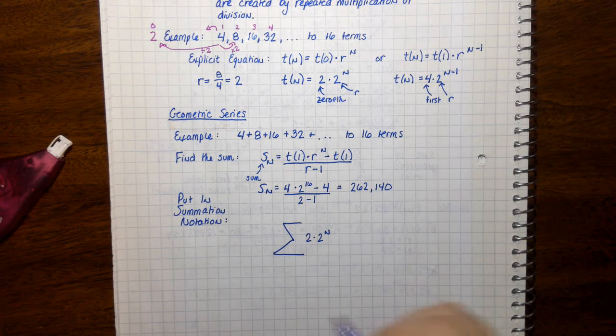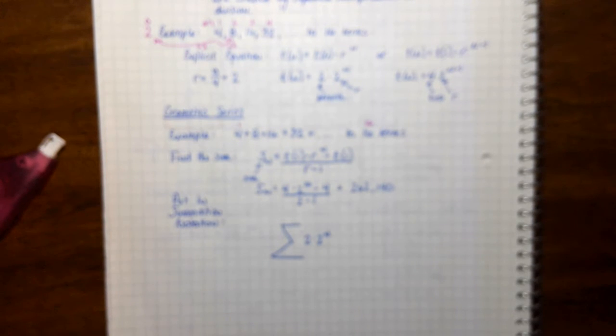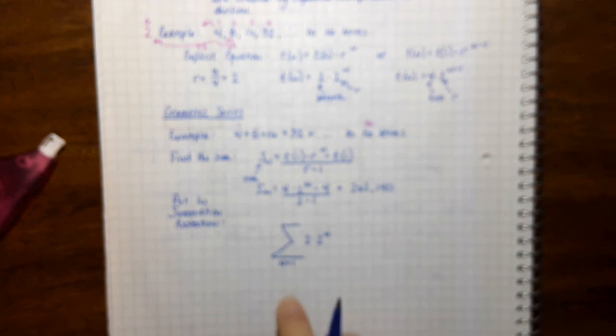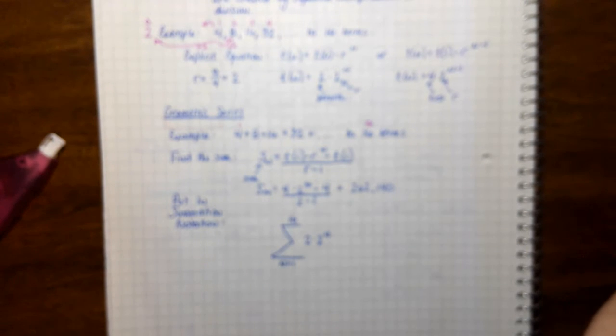And then the last thing I need to do is tell it where to start and where to stop. So up here, I wanted to start at the first number and end with the 16th number. So I'm going to tell it to start by plugging in a 1 for n and then stop at plugging in a 16 for n.